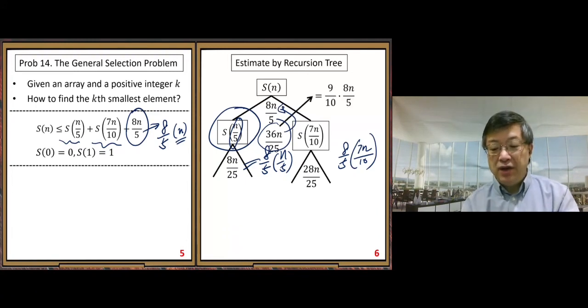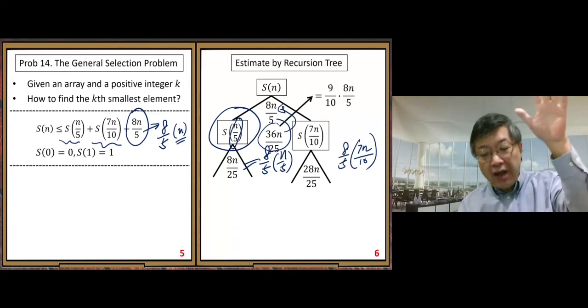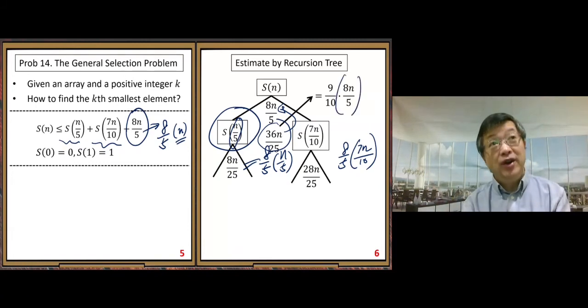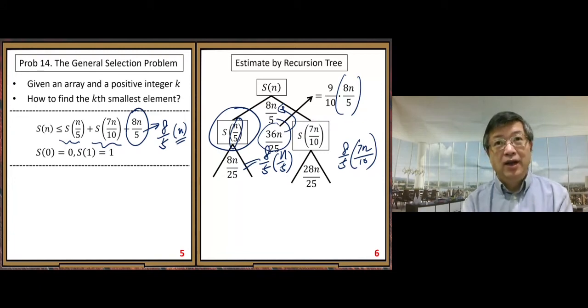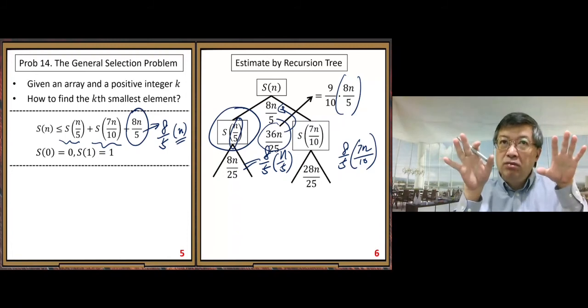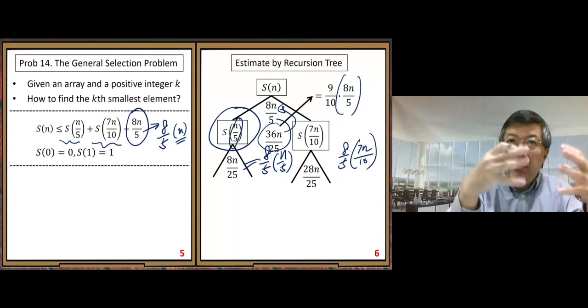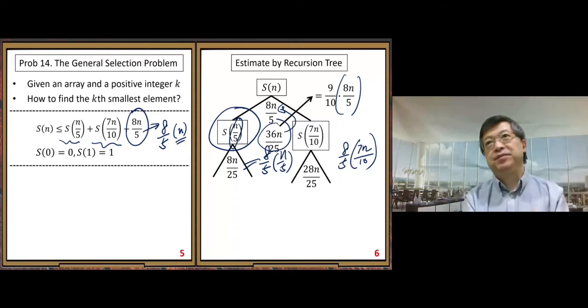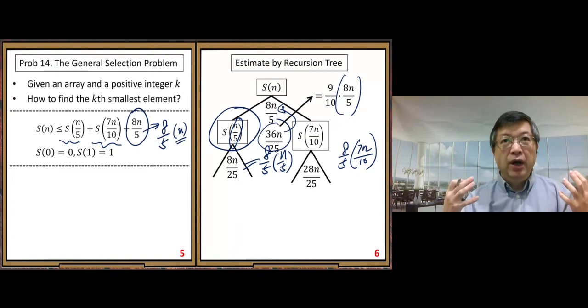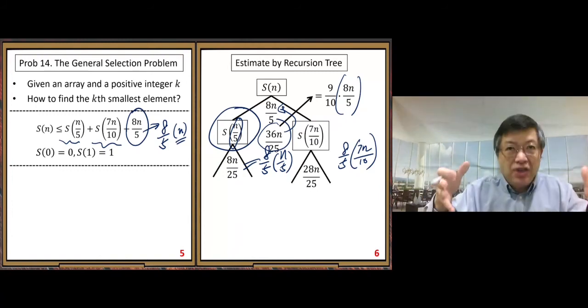Because we can write it as 9/10 times the previous number, less than 1. So the second level non-recursion term is reduced by 10%. That's important.